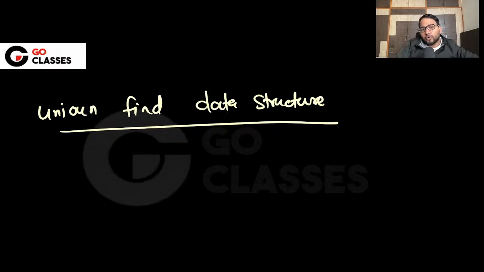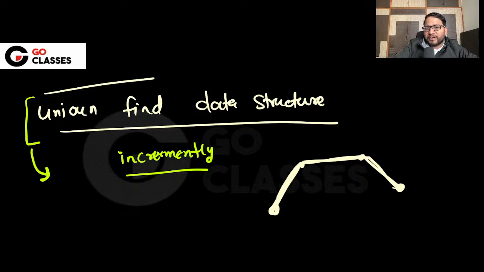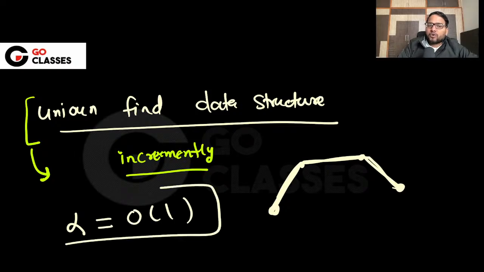I'm not going to go into the detail of it, but let me just tell you, this is a data structure that works incrementally, which means if you are building some minimum spanning tree, you keep on adding edges, one more edge, then one more edge, so you're building your minimum spanning tree incrementally. In that case you apply this union find data structure. A little bit I have talked about it in our course. Here interestingly, the value of alpha is just order of 1.